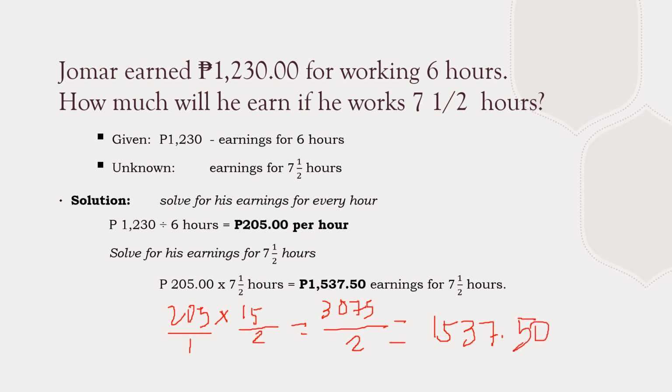If we are not going to apply the fractions here, we can also use the decimal. So 205 times 7.50. So that is still the same. That will lead to our answer 1,537 pesos and 50 centavos.